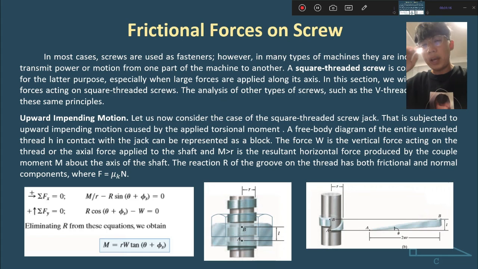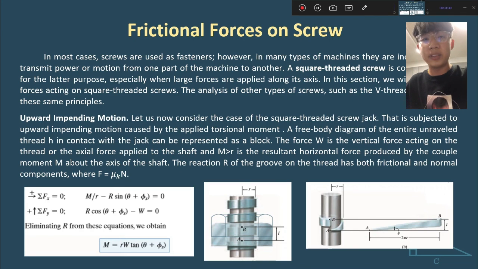So, the upward impending motion. The screw is subjected to upward impending motion caused by the applied torsional moment, and a free body diagram of the entire unraveled thread in contact with the jack can be represented as a block. The force W is the vertical force acting on the thread, or the axial force applied to the shaft.